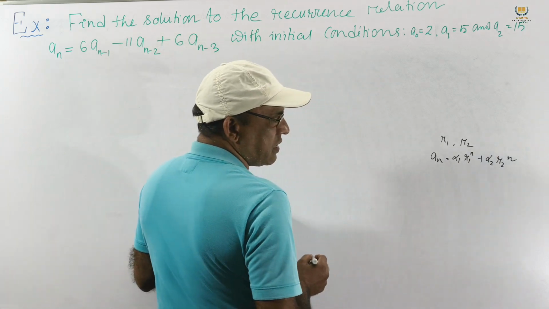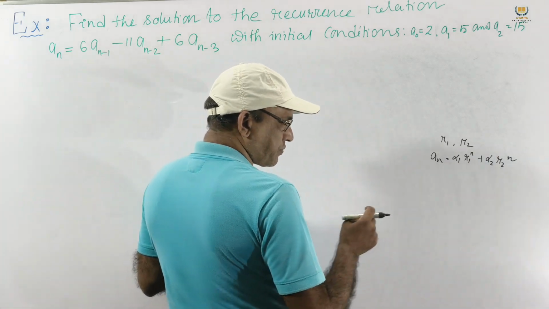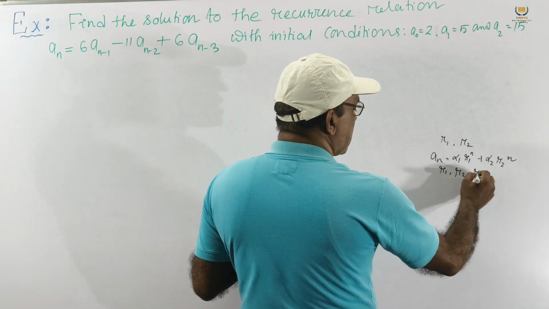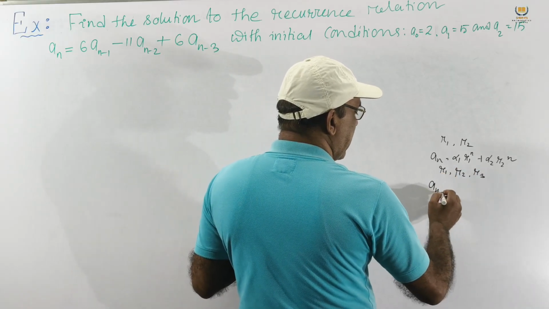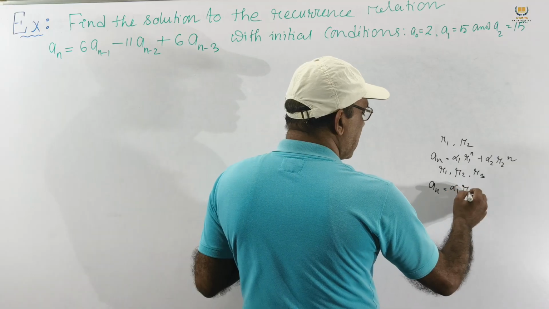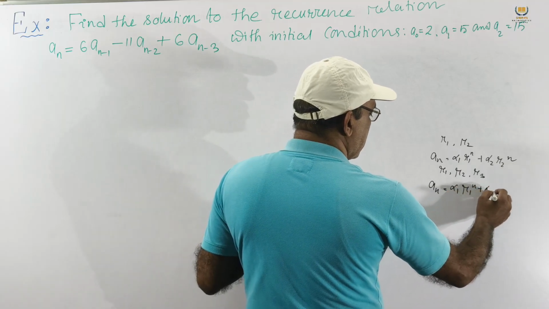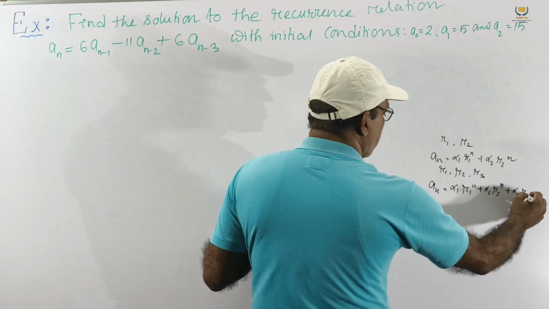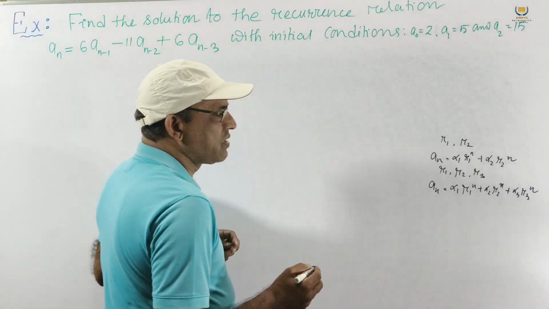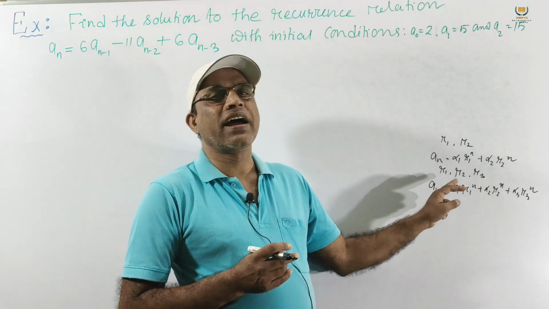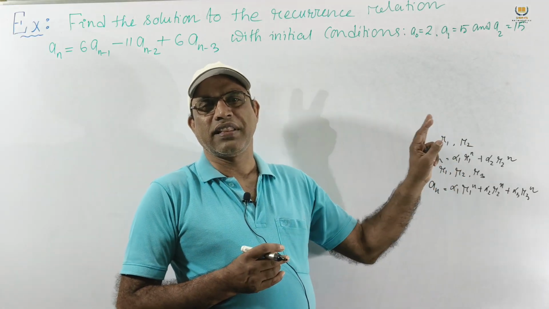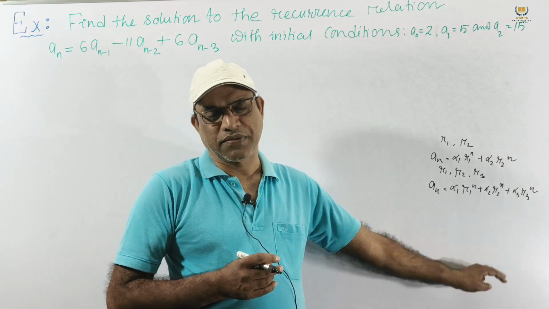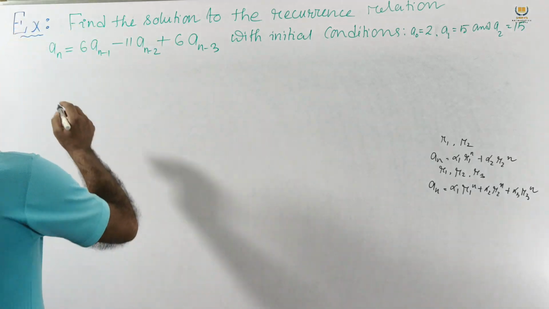If the roots are r1, r2, r3, then the solution will be a_n equal to alpha_1 r1 to the power n plus alpha_2 r2 to the power n plus alpha_3 r3 to the power n. This will be our solution if the roots are unequal, and this is the solution of the recurrence relation. Now we consider this problem.